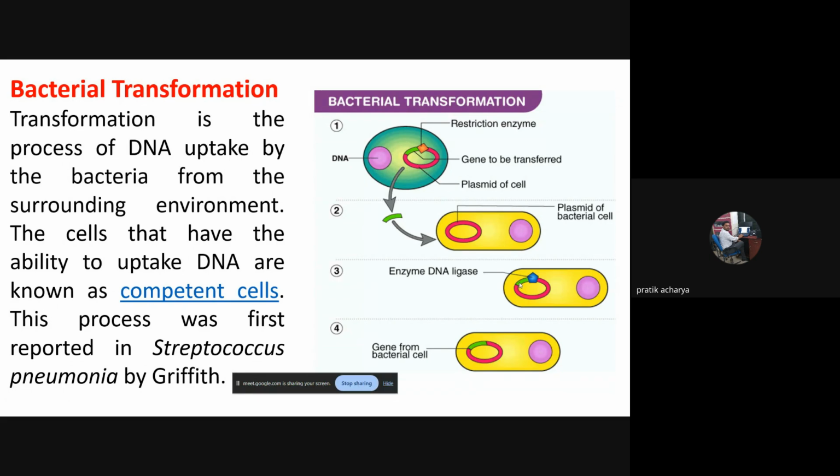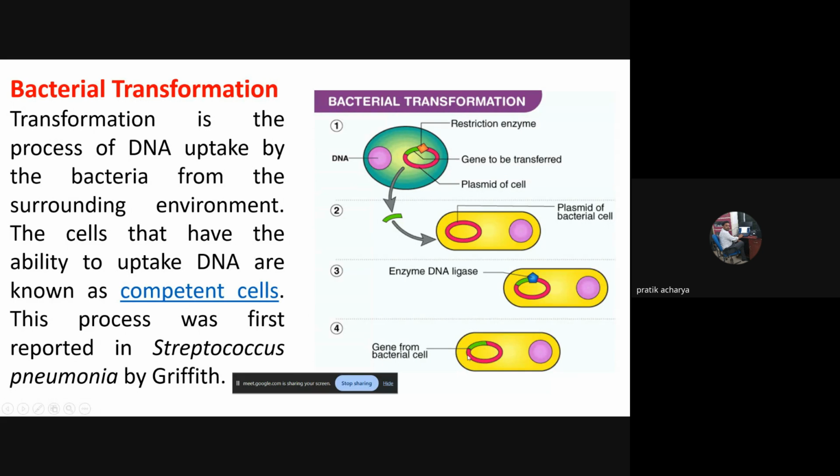That means a particular codon, a particular sequence, is allowing that genetic fragment to integrate successfully inside the host cell. Then the bacterium may express new traits. From the next generation, the bacterium will express the new trait.